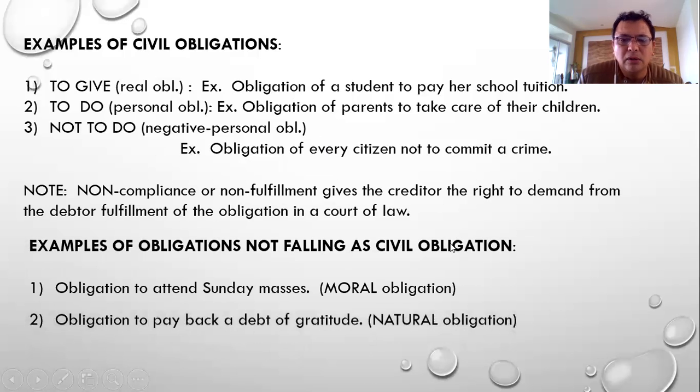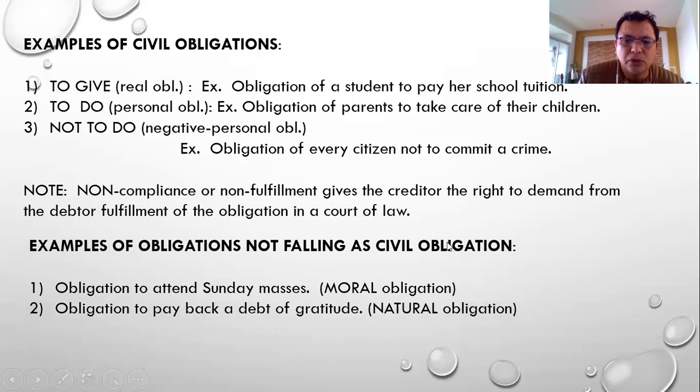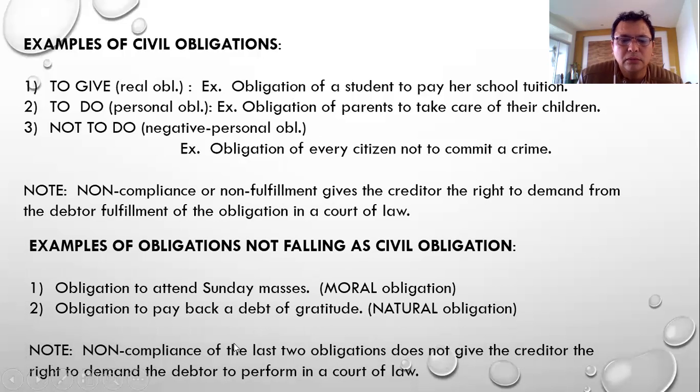Okay. So what are those kinds of obligation which has no juridical necessity? So these are what you call the moral obligation and natural obligations. So without any juridical necessity, the creditor has no right to demand from the debtor performance of the obligation in a court of law. Okay, what's the first one? Moral obligation. What's that?